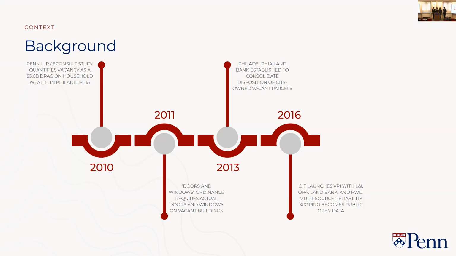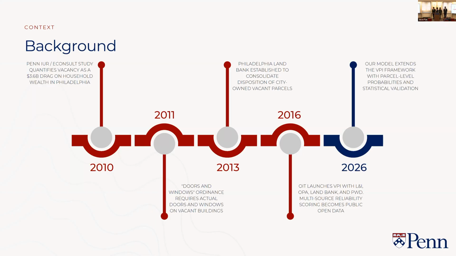In 2013, the Philadelphia Land Bank was established to consolidate city-owned vacant parcels. In 2016, OIT launched the VPI with L&I, OPA, Land Bank, and PWD. Multi-source reliability scoring became public open data. And for this year, 2026, our model extends the VPI framework with parcel-level probabilities and statistical variation.